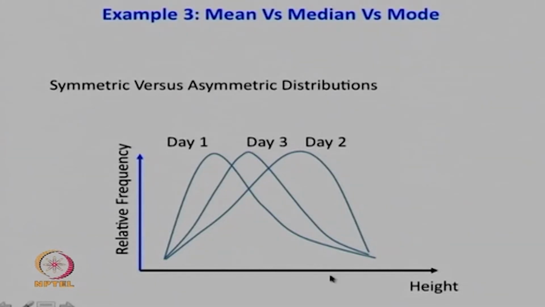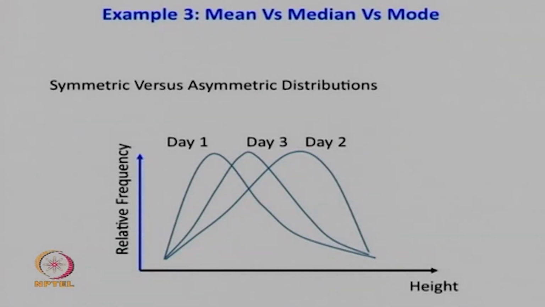On day 3 the data is very symmetric, on day 1 it is skewed to the left, on day 2 it is skewed to the right. So it tells us that in addition to quantifying mean, median and mode, there must be other ways of capturing this variation in the data.